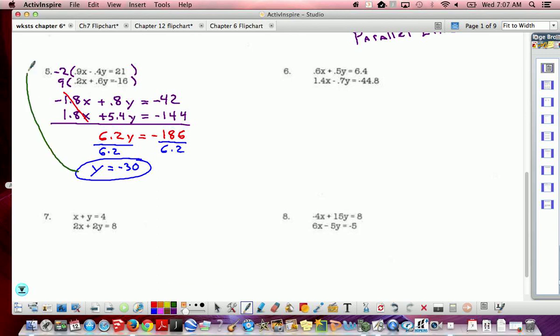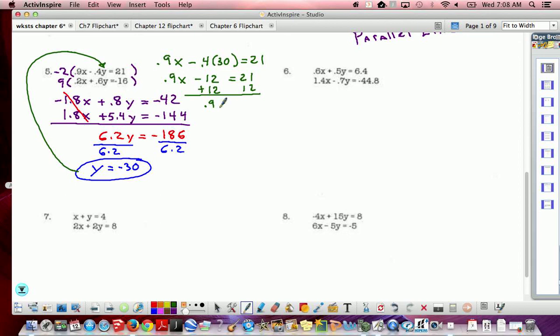So let's plug it back into the first equation here. 0.9x minus 0.4 times 30 equals 21. So 0.9x, 0.4 times 30 is 12. So minus 12 equals 21. Add 12 to both sides.